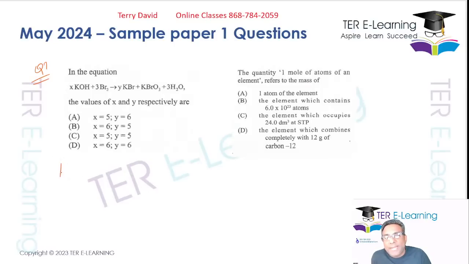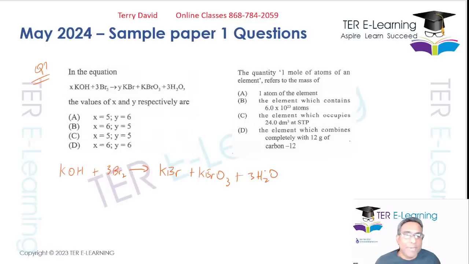So we have KOH plus 3Br2 produces KBr plus KBrO3 plus 3H2.